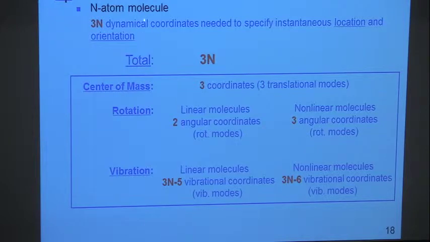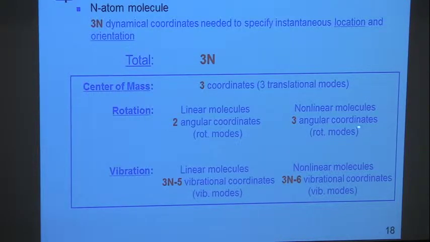All right, so if we have an N-atom molecule, it would take 3N coordinates, x, y, z, to specify the instantaneous location of those nuclei. So it takes 3N coordinates to specify that molecule at an instant in time. Typically what we do is we say, well, let's use 3 of those coordinates to specify the center. Let's use either 2 or 3 to specify the rotation. So if it's a stick, we only need 2 angular coordinates to specify that stick.